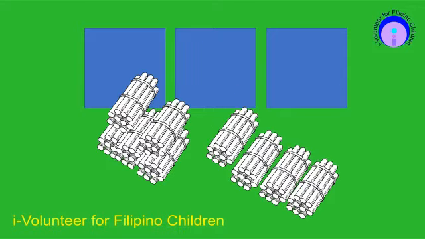Now we have 9 bundles of 10 individual sticks. Therefore, there are 9 tens or 90 individual sticks.